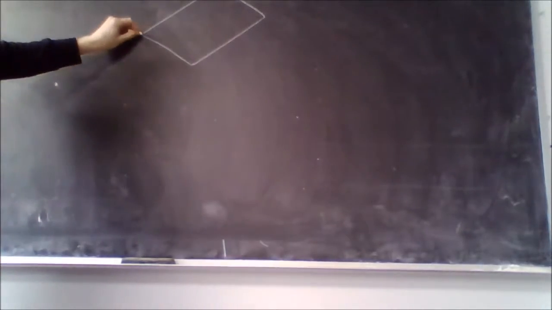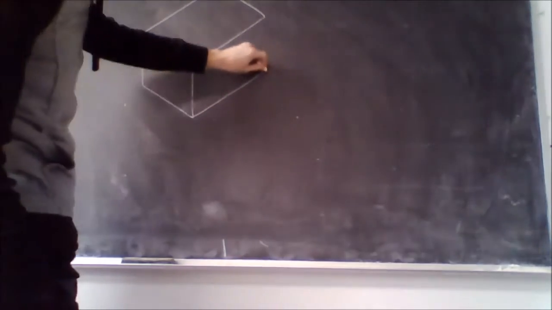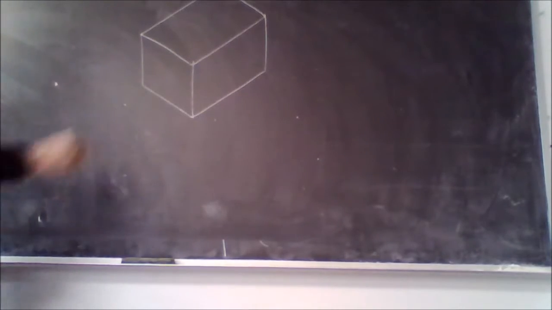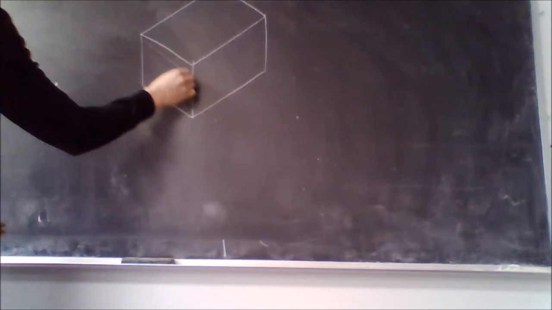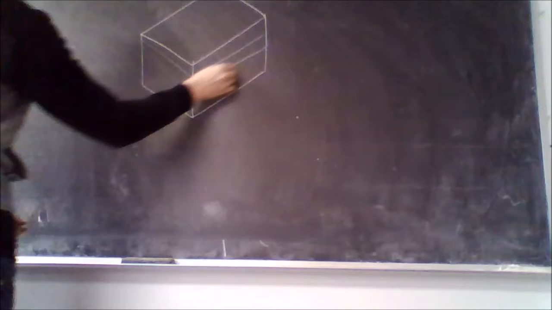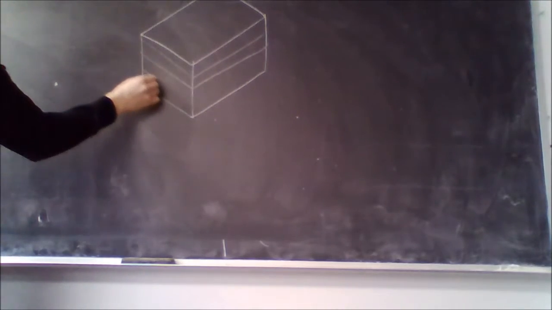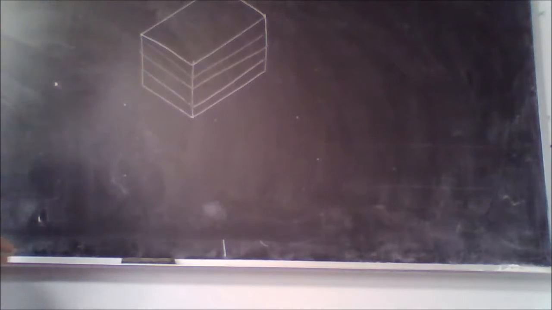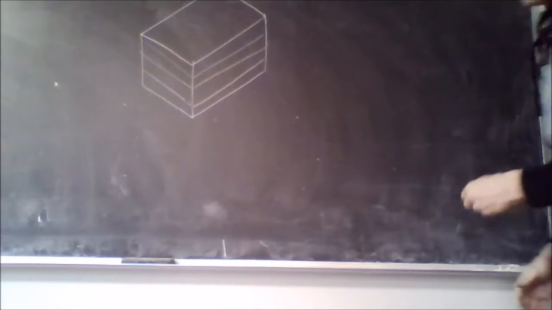Now, for any 3D solid, we can use a similar idea, which is using cross-sectional slabs. For a cube, the cross-sectional cut at any point will be a square, and because of that, we can find the volume of the solid by considering the volume of the cross-sectional slab, which is shown here.